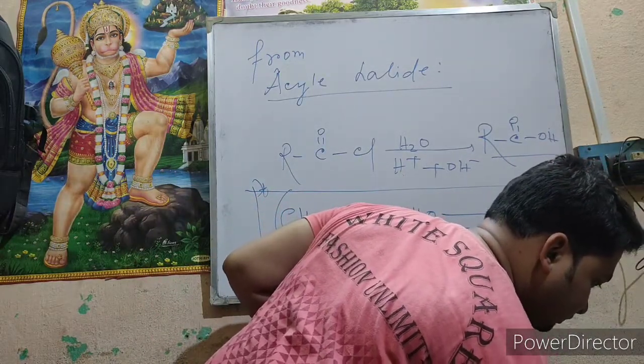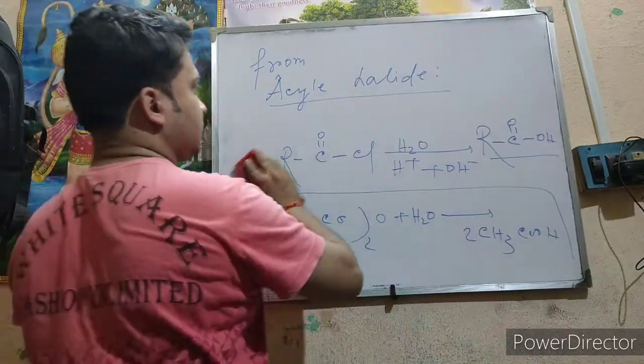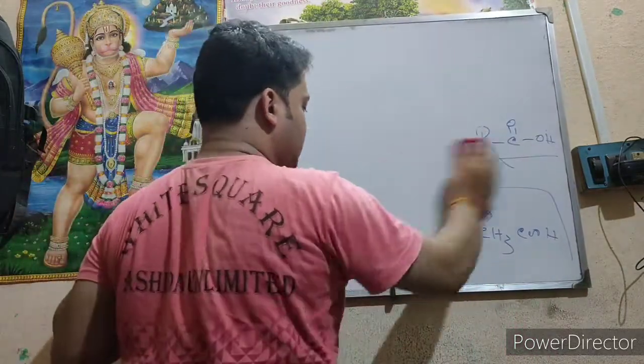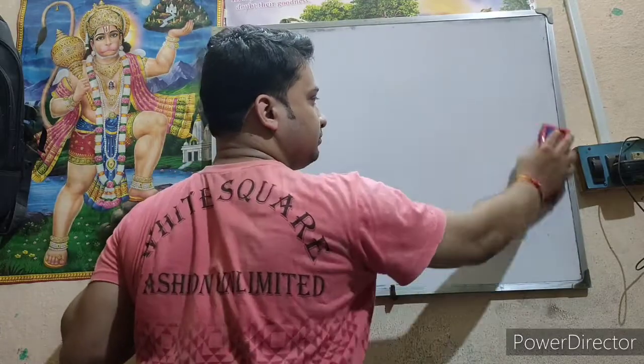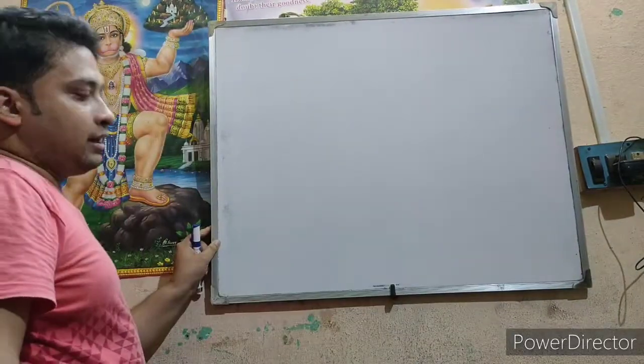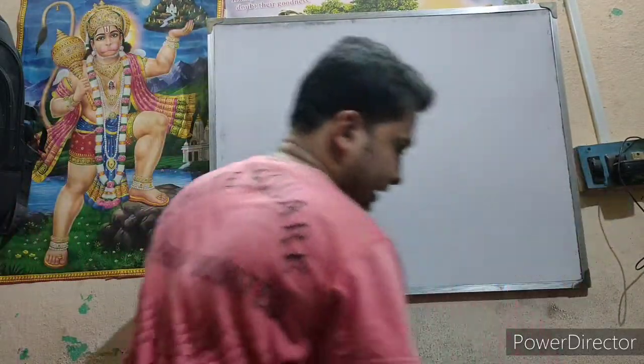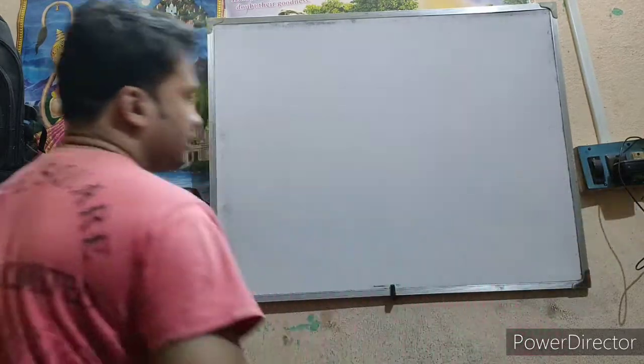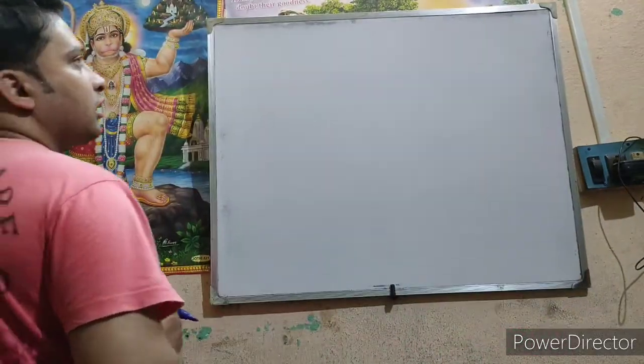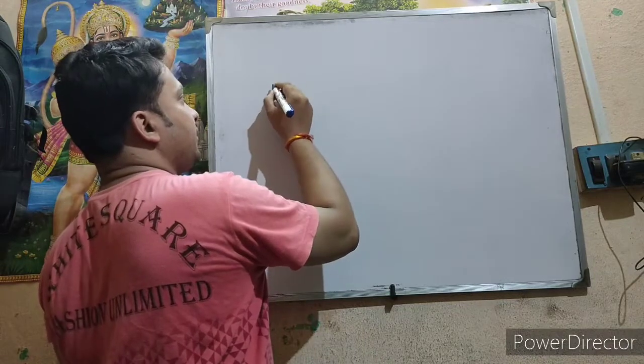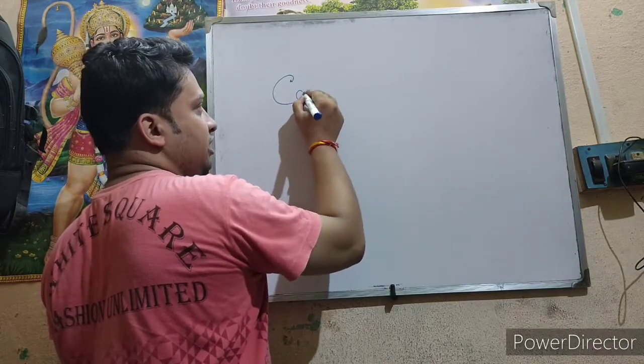Now the next method is carboxylation of alkene.